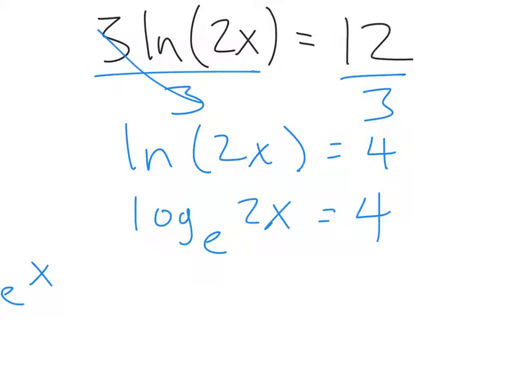And then we can rewrite this as an exponential, because the definition of log says that the base e to the 4 will be equal to 2x. So this is the equation that we actually have to solve. And e to the 4 is just a number, so we're just going to divide both sides by 2.